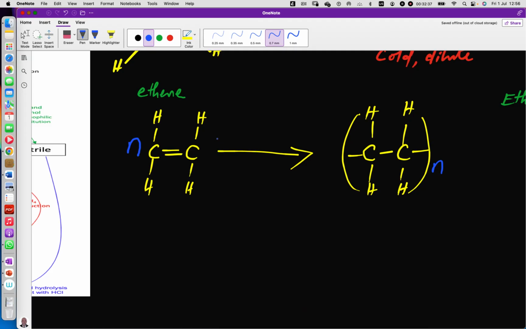We can call this an ethene molecule, which is a monomer. And this one is a polymer. We call it polyethene, which is a polymer.